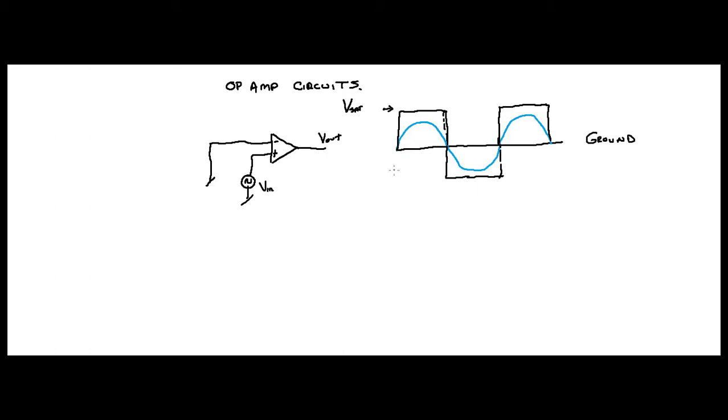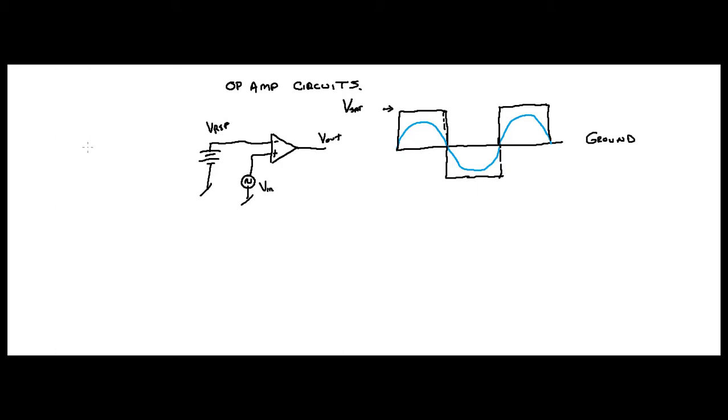Now let's take this one step further, right? Let's put a voltage here instead of ground. Now we have a battery, right? And suppose this is at V reference. But by the way, you can create your reference voltage any way you like. You could use a voltage divider, which you all know how to do.